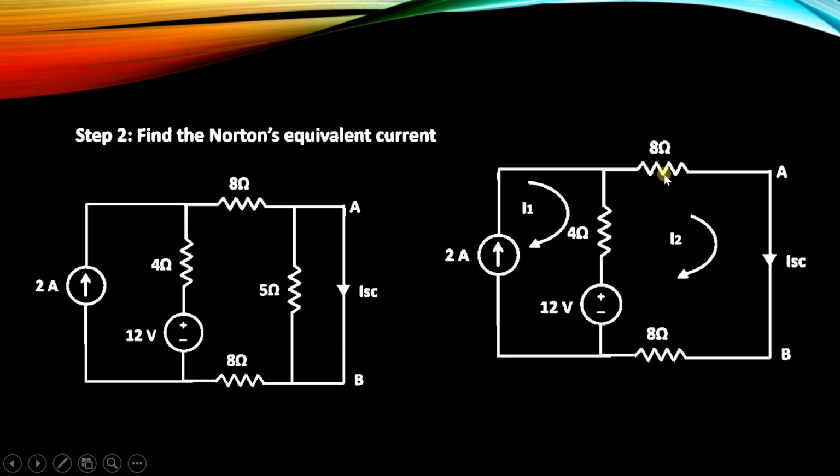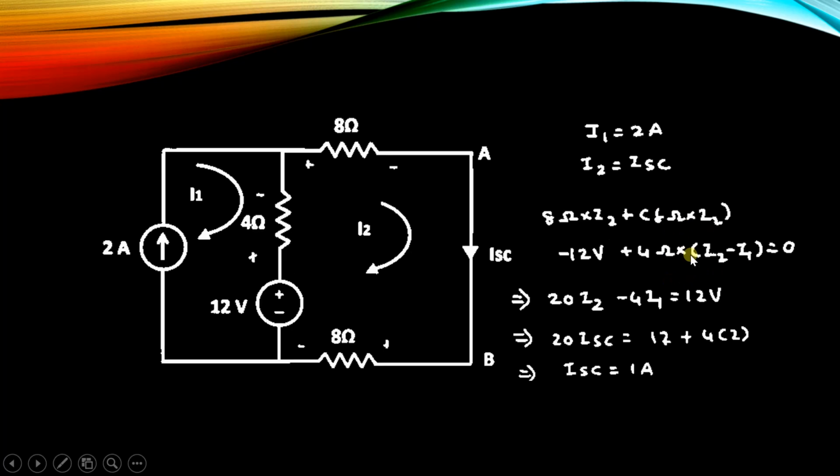The circuit will become this, and the current I1 is flowing in this loop and I2 current is flowing in this loop, and we find out the short circuit current by using these loops. I1 is equal to 2 ampere, that is given to us, this current source. I2 is equal to the short circuit current, this ISC is short circuit current.